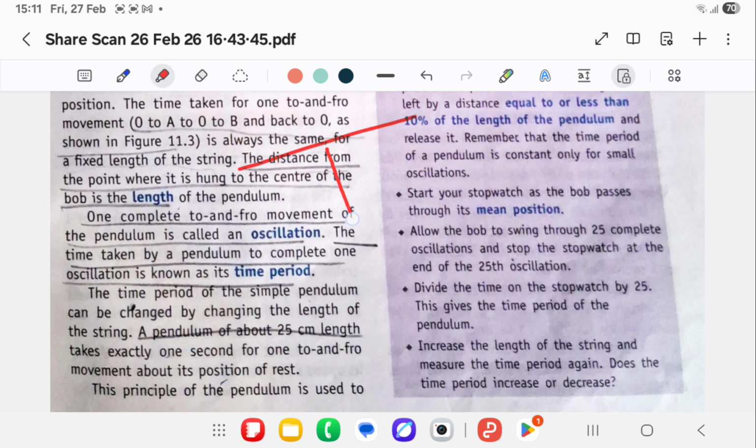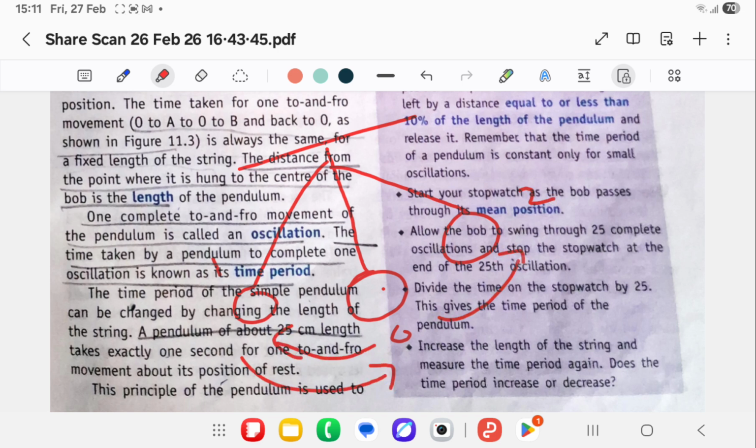See, this is your thread, this is your ball, this is the 0 position, it moves to 1, then to 2, so 0 to 1, 1 to 0, 0 to 2, 2 to 0. When this is complete, this is one oscillation.